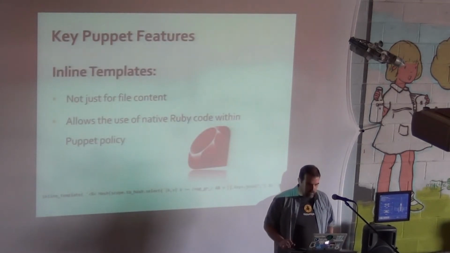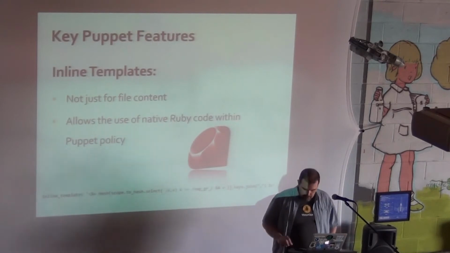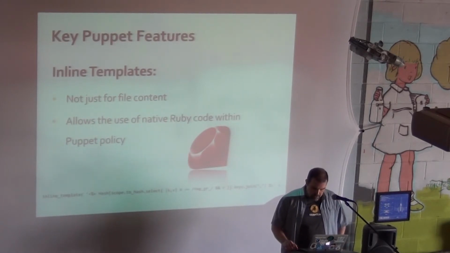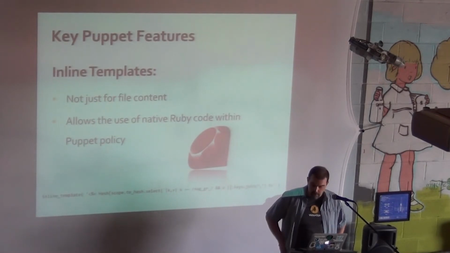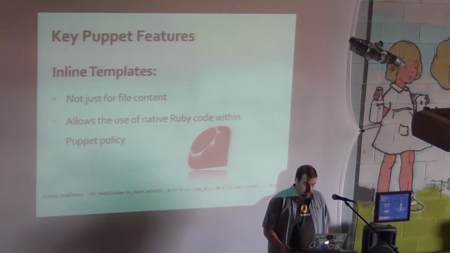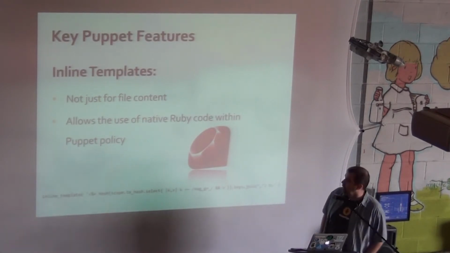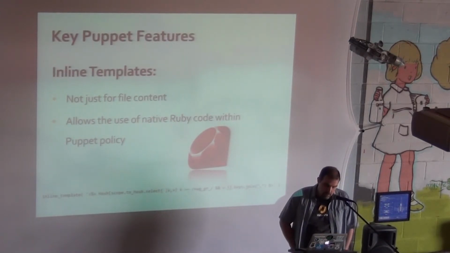All right, inline templates. The Puppet DSL is, of course, very powerful, and it's well adapted for use as a declarative configuration language, which of course is what it is. But there are some more complex ways of handling data that aren't available in the Puppet DSL. At the bottom of the slide, some of you hopefully can see an example from my demo.